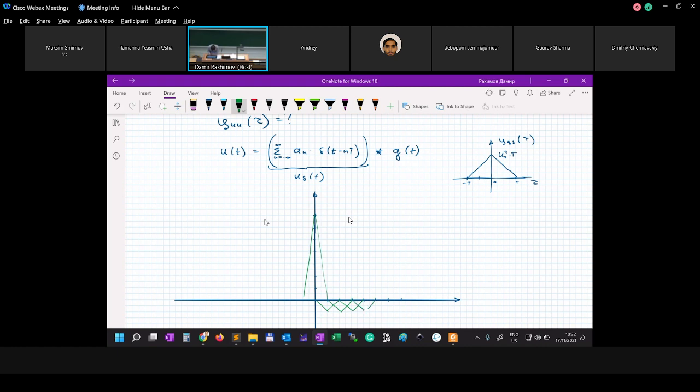They're actually overlapping. So what we see is that they overlap, and as a result I draw them as overlapping functions, but then we have to reconstruct the envelope of the resulting function.